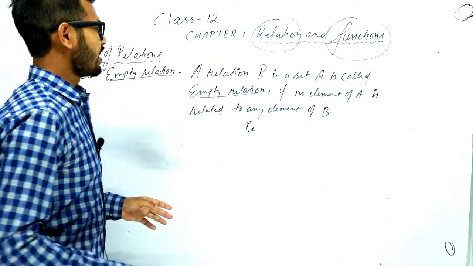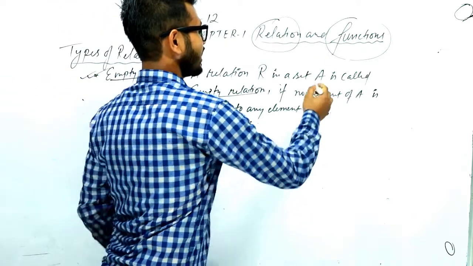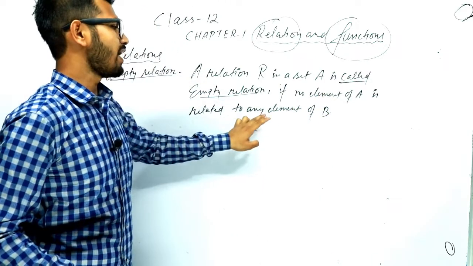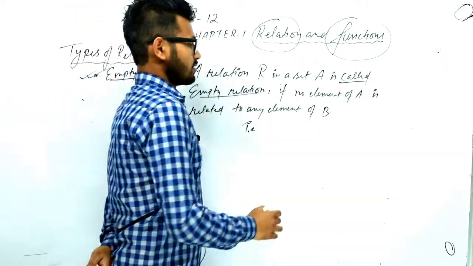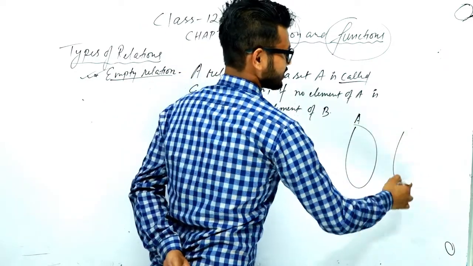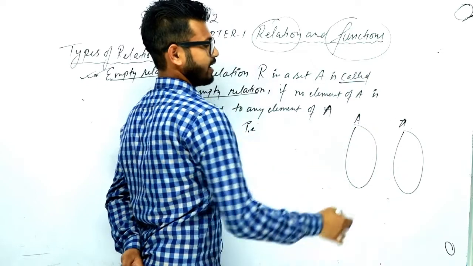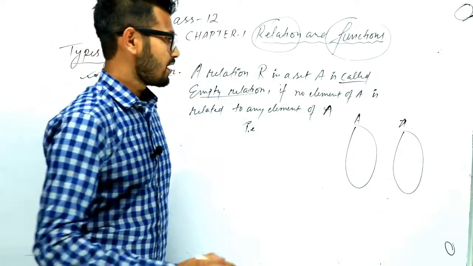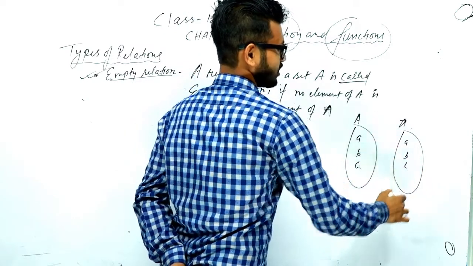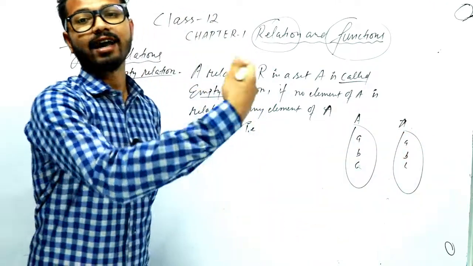Definition: a relation R in a set A is called an empty relation if no element of A is related to any element of A. Consider the same set, A, B, C, on both sides, but not a single element of A is related to any element of the other set.